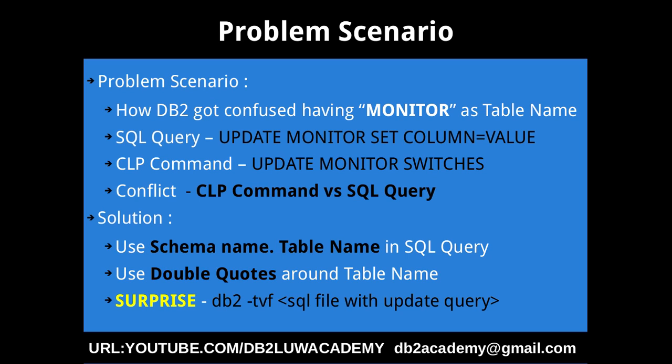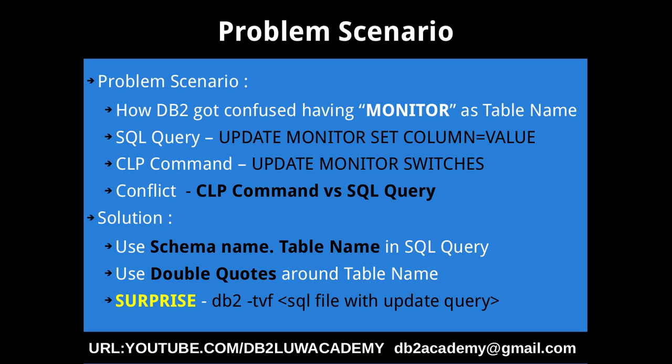The problem scenario is we want to demonstrate how DB2 gets confused by having monitor as a table name. Suppose you have the table name itself as monitor and you want to write an SQL query updating the table, so you go ahead with update table name set column equal to value. The query would look like update monitor set column equal to value. Now there is also a CLP command, update monitor switches, for the snapshot monitoring switches, right?